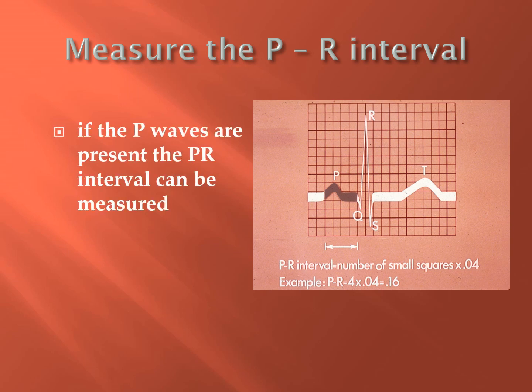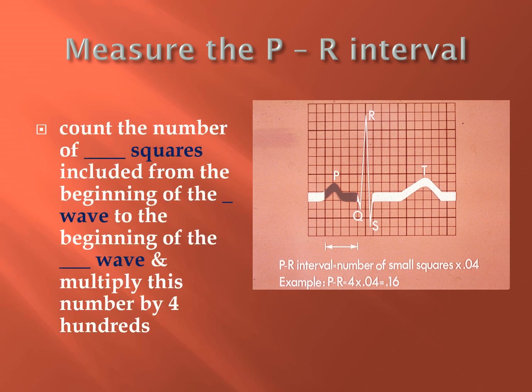If the P waves are present, then the PR interval can be measured. If the P waves are not present, then you cannot. That's one thing that we want to look at.